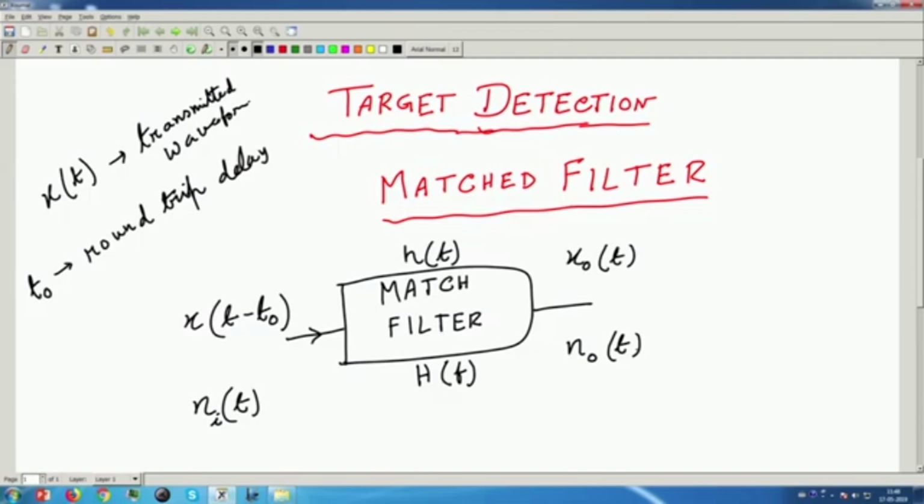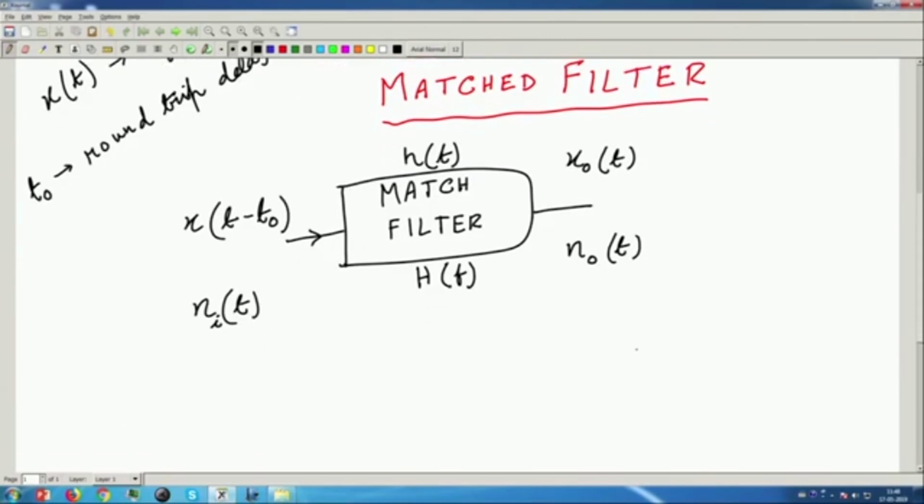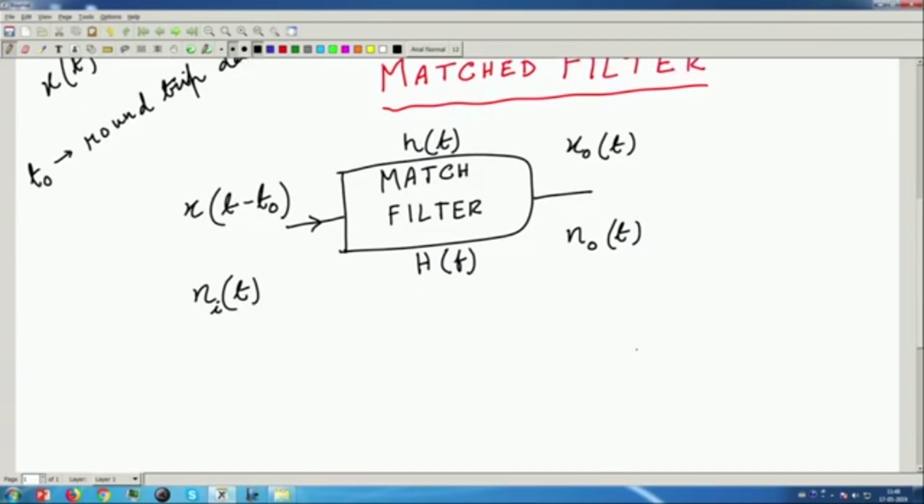So, we will now find out what is the expression for this h(t) or H(f). We know the Fourier transform, so we can do that. What is the input signal?